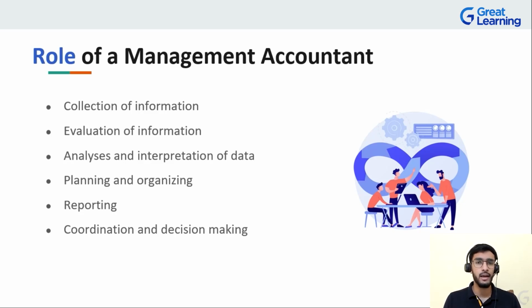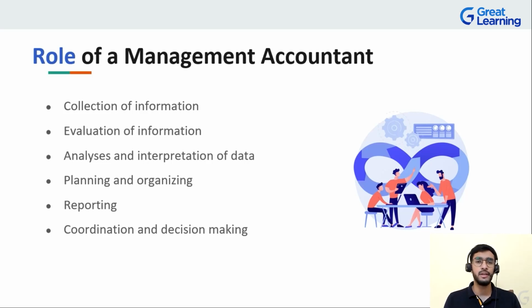Basically, as we already discussed, in a financial record there are a lot of statements, like the profit or loss statement, the income statement, the balance sheet, etc. As a management accountant, he only chooses the relevant information, collects it, and then formulates a plan accordingly for the management. That's the first step. Now, coming to the second point, evaluation of information.